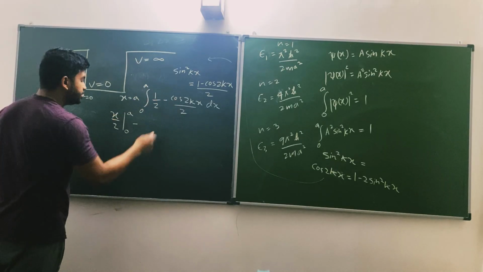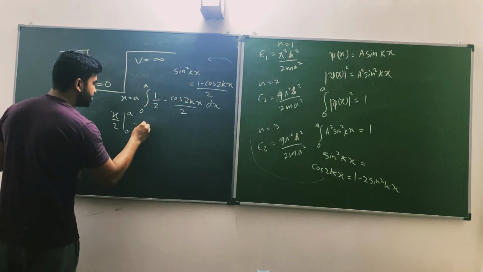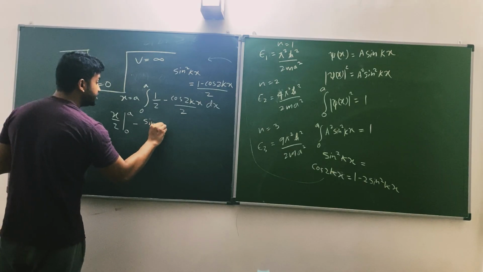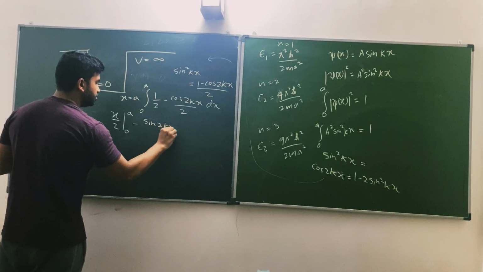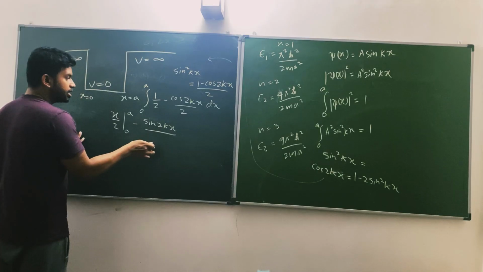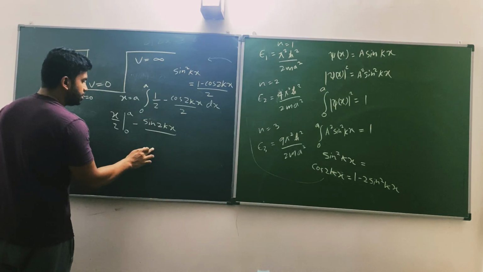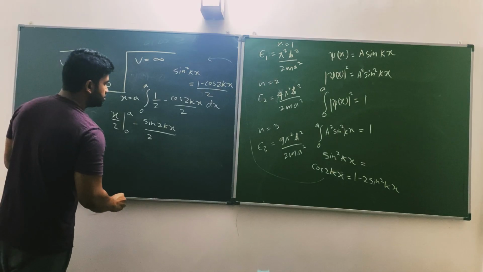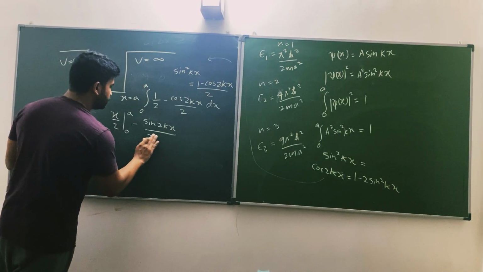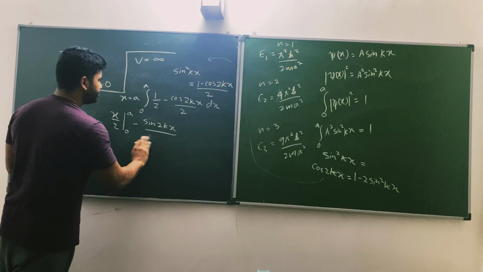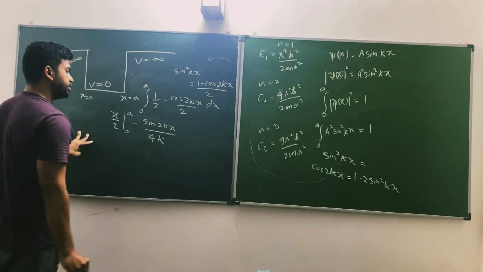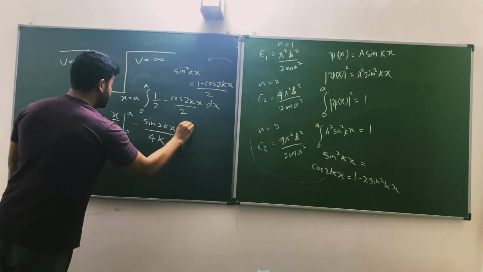When I integrate the cos 2kx, I will end up with sine 2kx, and here the 2k comes and joins, and 2 times 2 is 4, so it will be 4k, right? And here 0 to a.